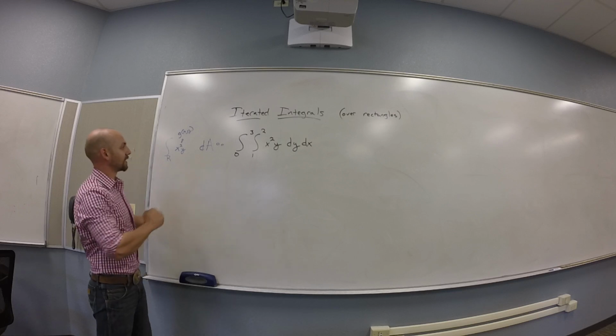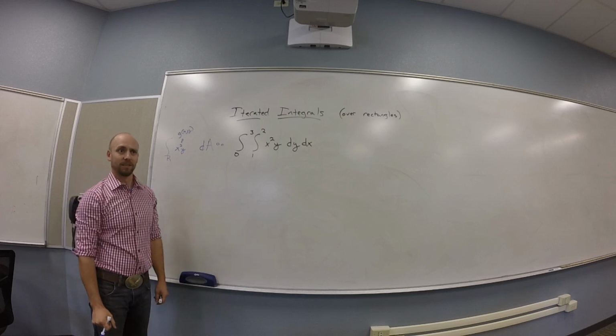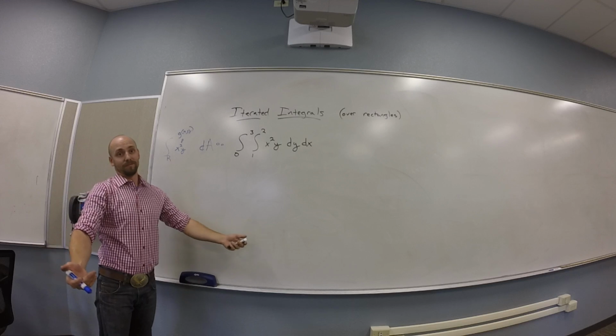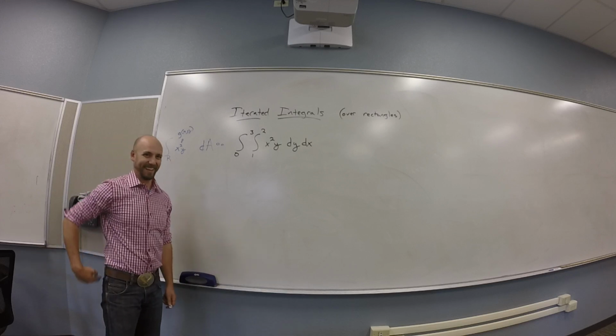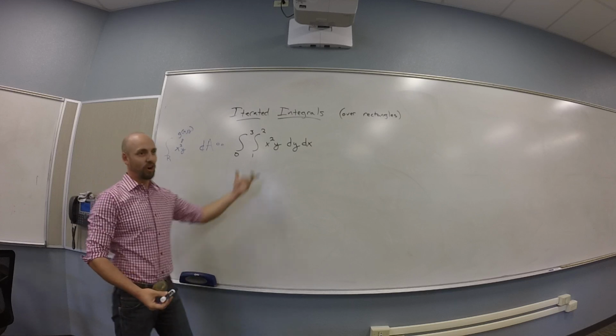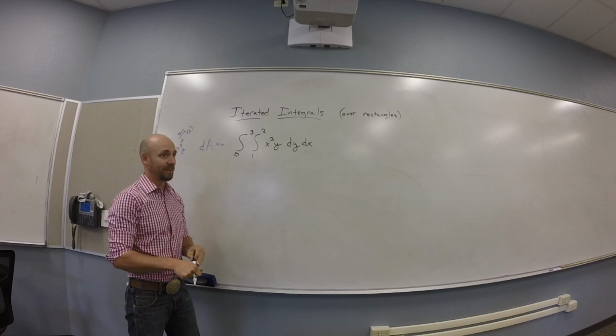Now, what the heck is this double integral nonsense? You do the inside integral and the outside integral, with respect to dy and then dx. Let's just try this first, and then I'll explain why this is actually the same thing we've been doing.